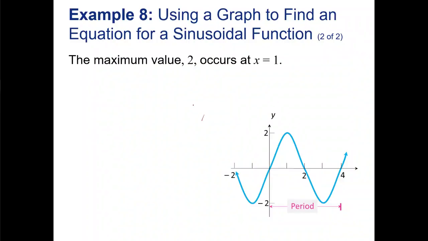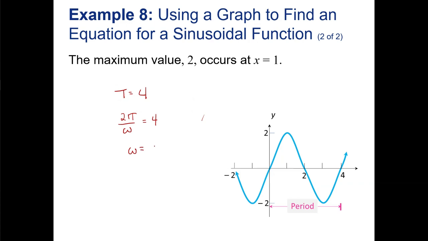Okay, what we've said already is that the period is equal to 4. And we know that 2 pi divided by omega is how we calculate the period. So 2 pi over omega is 4.